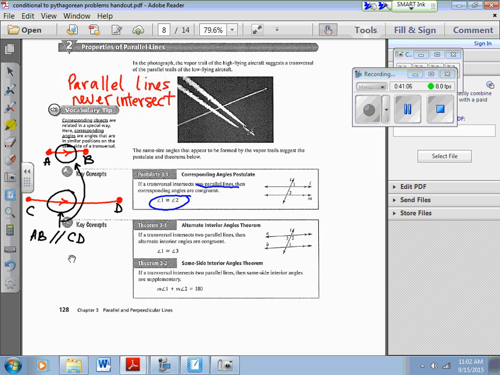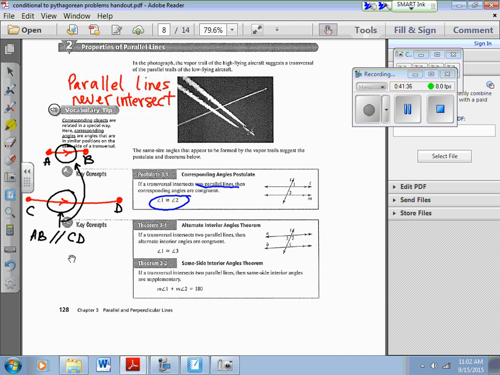What if two lines are not parallel and they're cut by a transversal? Are corresponding angles congruent then? No, you can't assume that they are congruent. The only way you can tell if the lines are parallel is if the picture shows you the symbols of parallel lines, or it tells you straight out in the directions that they're parallel.